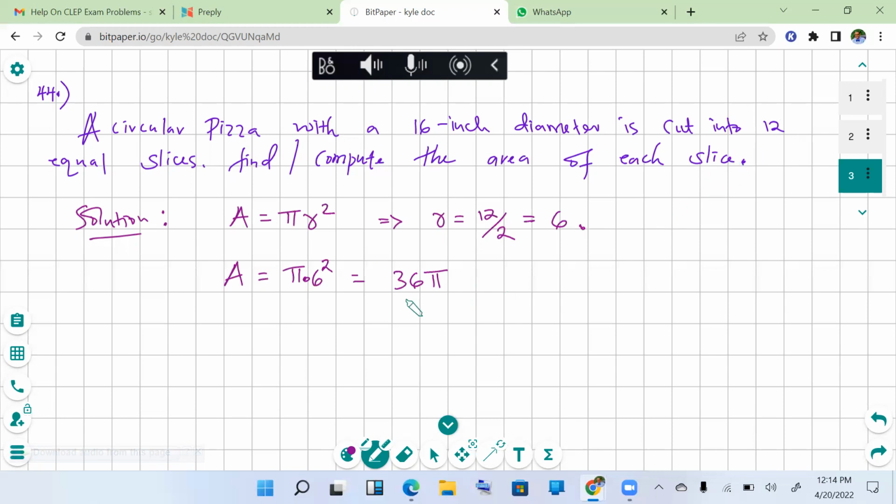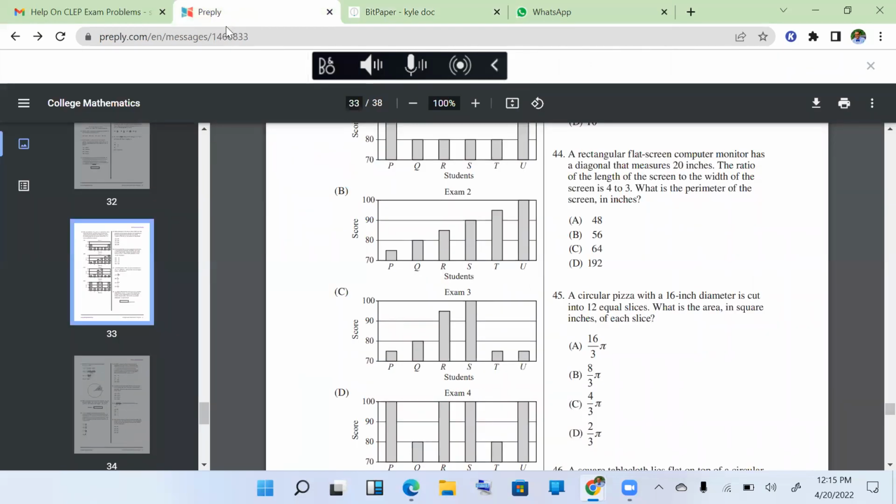Since we have 12 slices, the area of one slice is going to be the area of the whole circular pizza divided by 12. And this is going to be 3 pi, because 36 divided by 12 is 3.